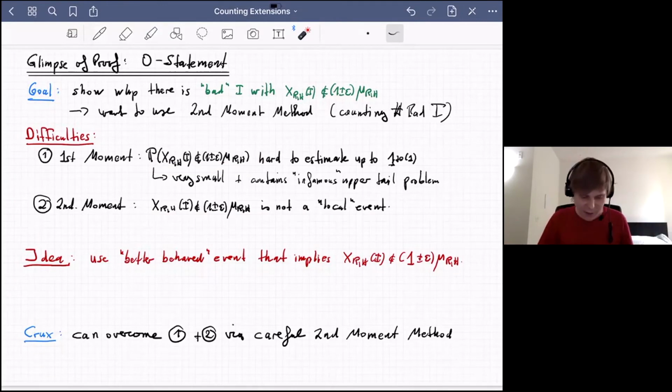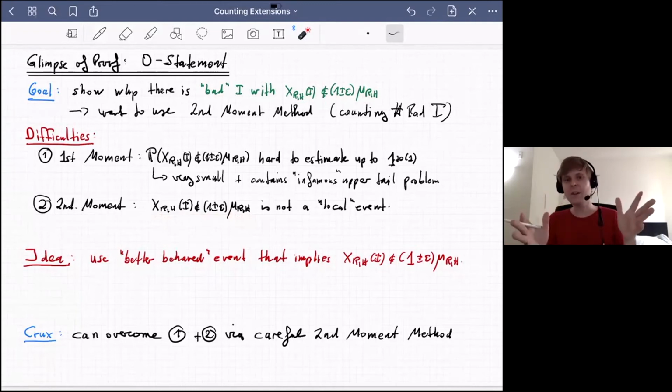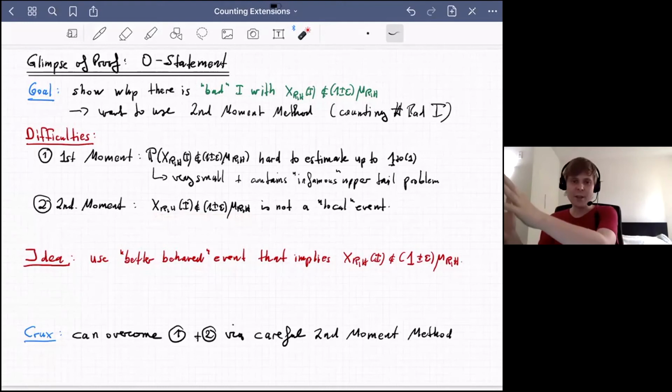What's a little bit tricky here is that this is not really a local event, because the question whether you have too many or too few copies or extensions, that kind of depends on a lot of edges of your random graph, right? Because if you have, say, too few copies, it tells you, yeah, a bunch of these copies of H, they cannot be there because I have too few copies. Or if I have too many, it says, okay, a bunch of these copies must be there, so a lot of edges must be there.